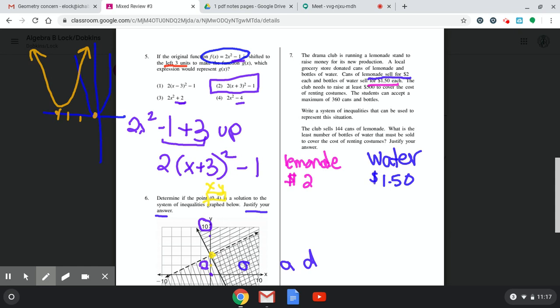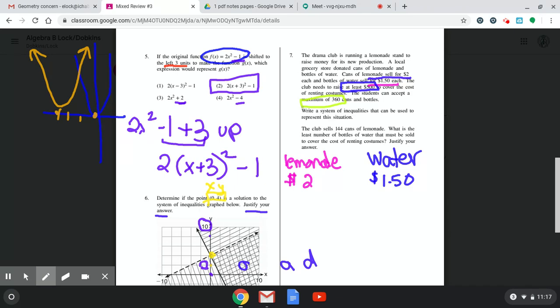Okay. And the amount of money total that we want to raise is at minimum $500. So I'm going to kind of box in the words at least 500. And also the students can accept a maximum of 360 cans and bottles.